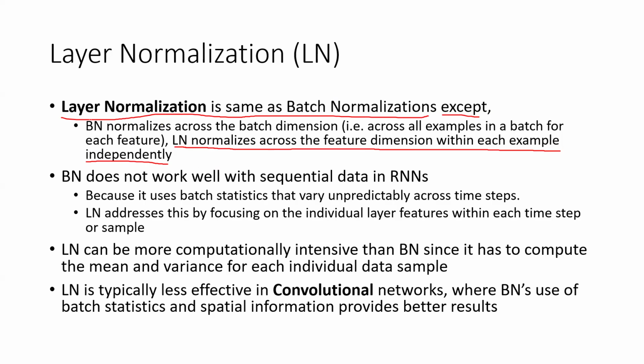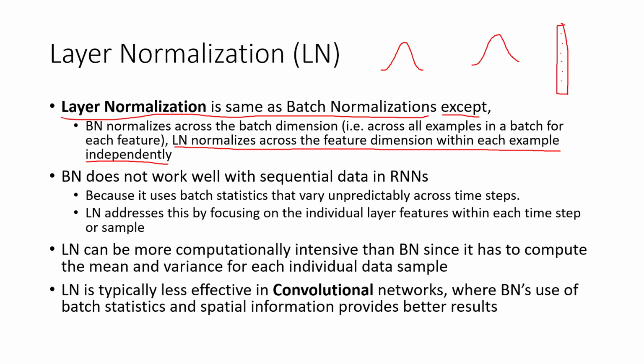So in layer normalization, we are assuming that the parameters in a certain layer should have a normal distribution, compared to batch normalization, where we are assuming that the data points in a batch should be following a normal distribution. Right?